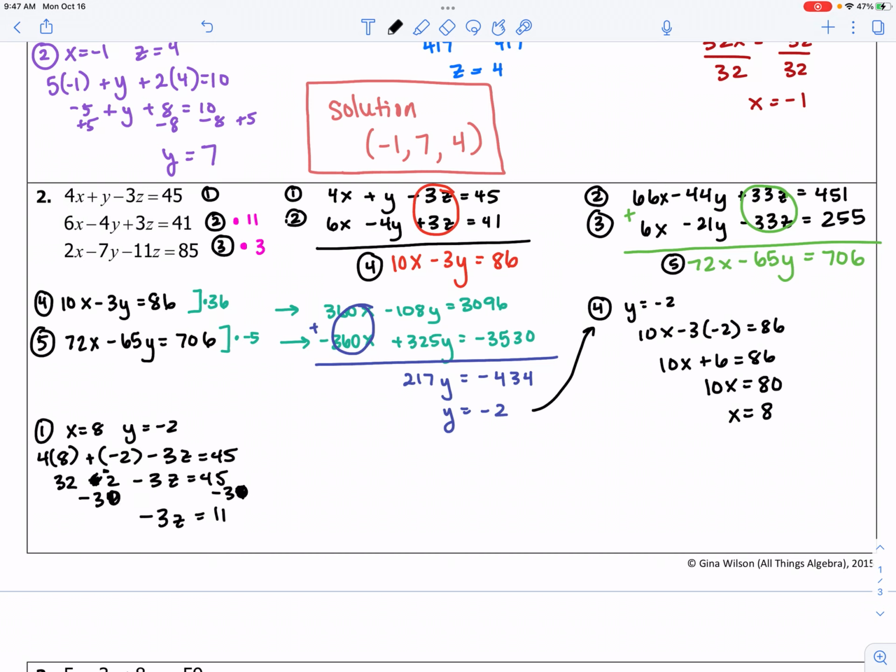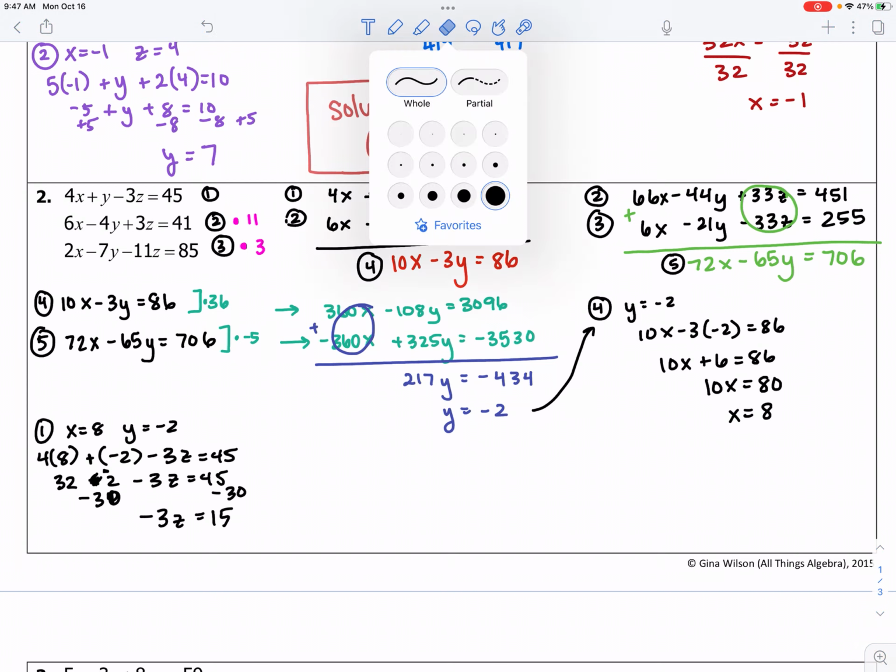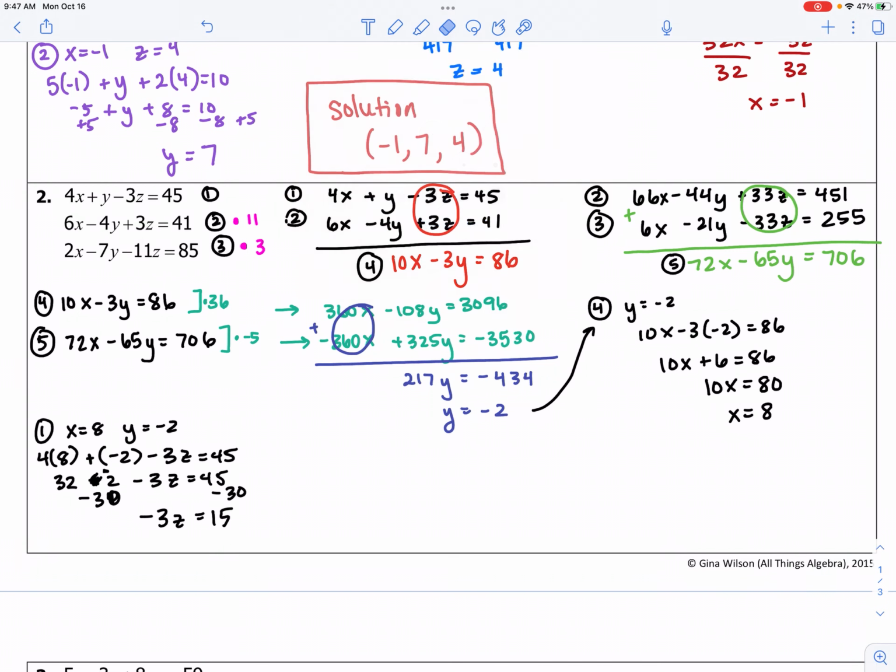So 45 minus 30 gives me 15. There we go. See if I can make that a little prettier for you. Make this a little bit smaller. There we go. So this should have been a -2, which should be subtracting 30 from both sides. There we go. So my z is equal to -5. And we divide both sides by -3.